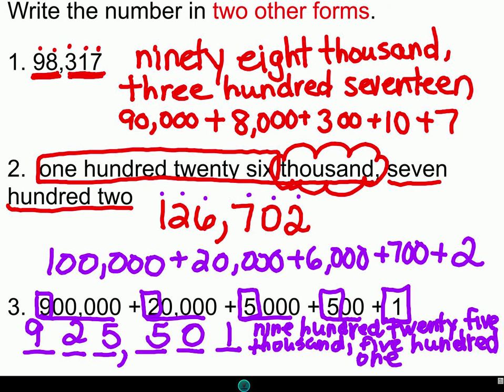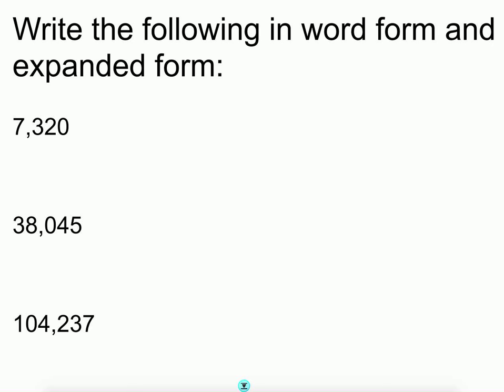All right. So you might be asked, when we give you one form, we want you to give us the two other forms. All right? So you have to be able to go back and forth and write numbers in standard, expanded, and word form. All right. So here, write the following in word form and expanded form.